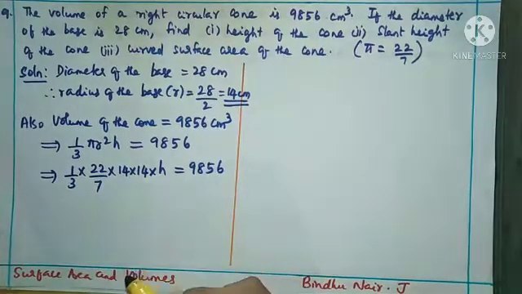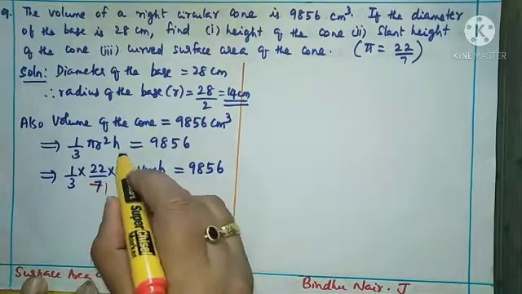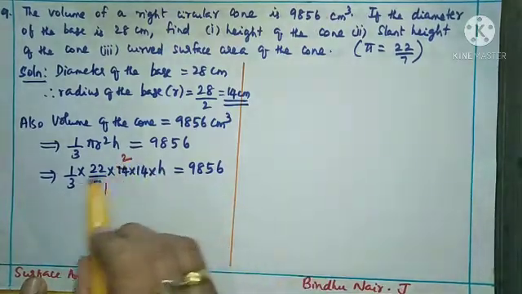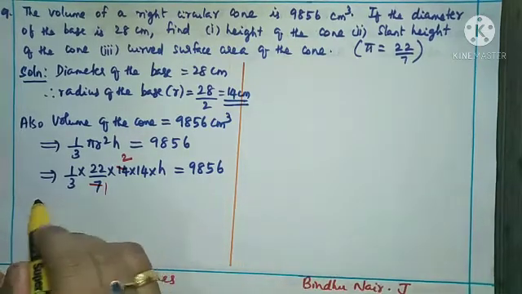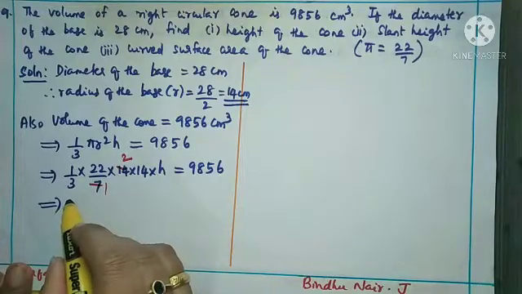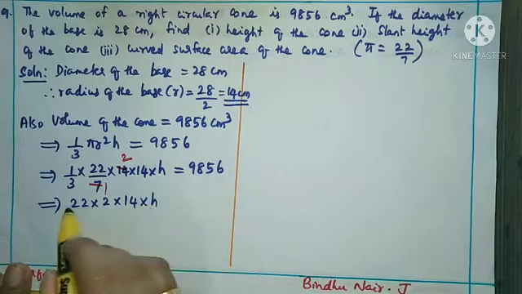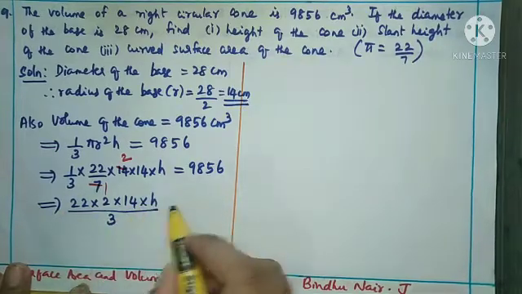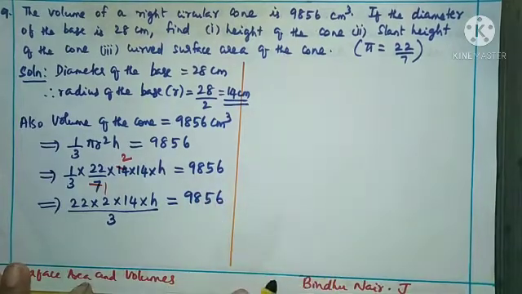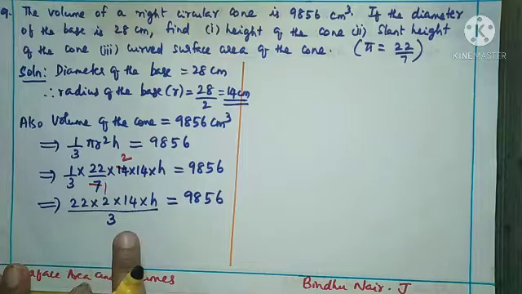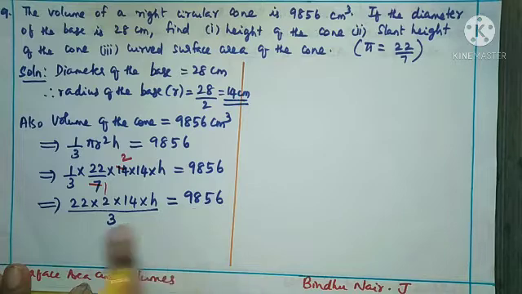9856. Now here we can cancel this 7 and 14, 2 times 14, then we cannot cancel. Okay, so this implies 22 into 2 into 14 into h by 3 is there in the denominator, equal to 9856. Now you see children, we want to find the value of h here, so the remaining quantities we want to take on to the right hand side.